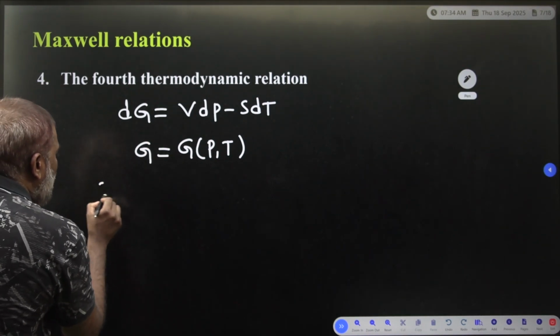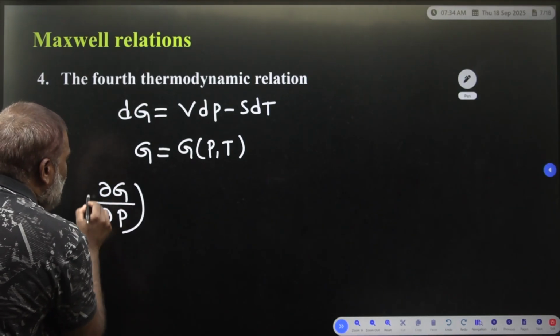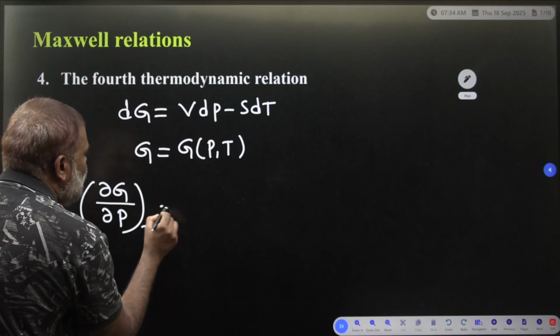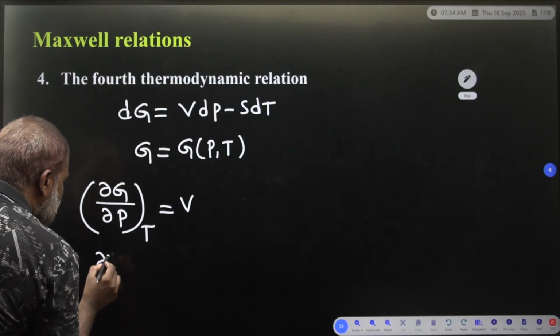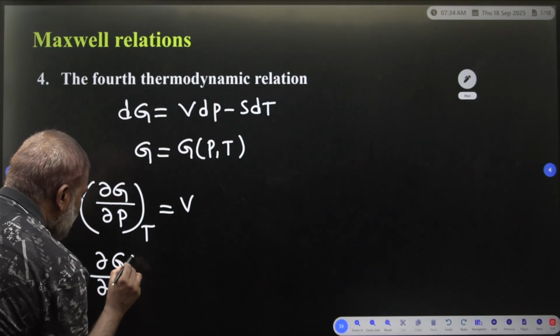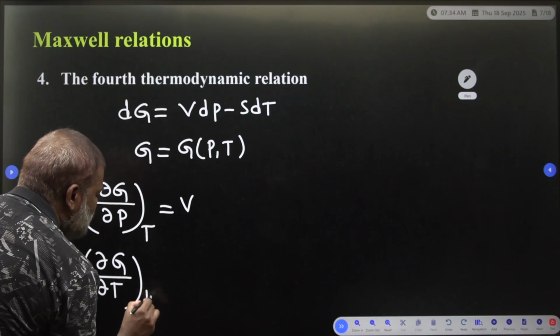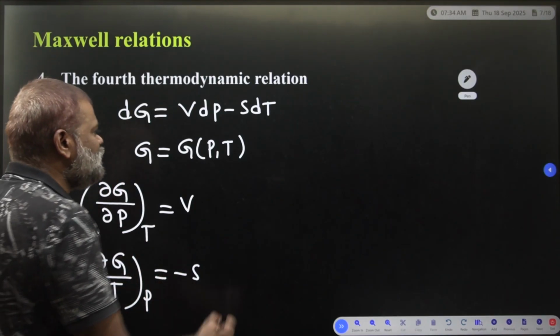So ∂G/∂P at constant temperature is equal to volume. Similarly ∂G/∂T at constant pressure is equal to minus entropy.